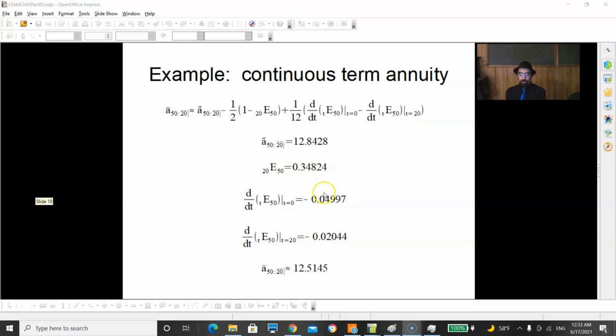I crunch all our numbers in. These are looked up in the table. I showed you how I calculated this on a previous example. This one gets calculated a similar way. And I get that A bar 50 : angle 20 is around 12.5145.